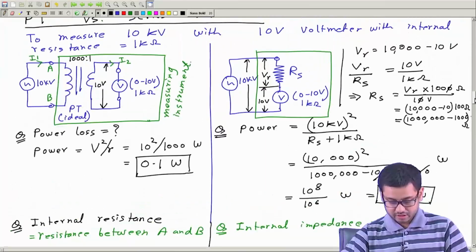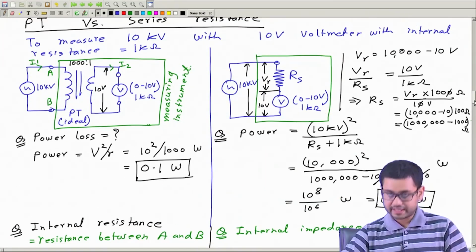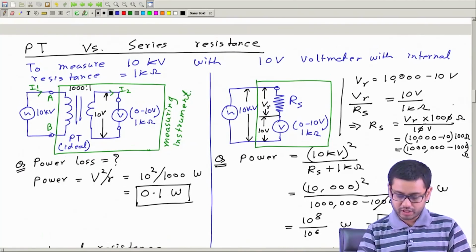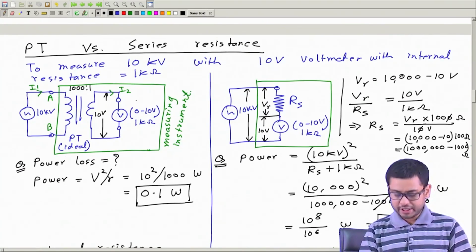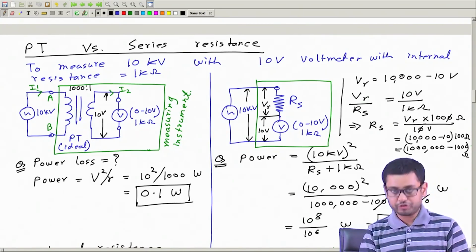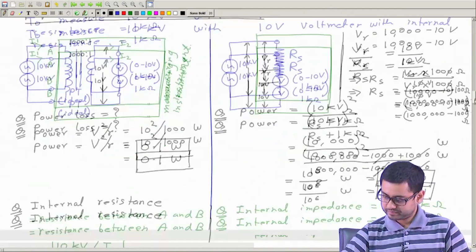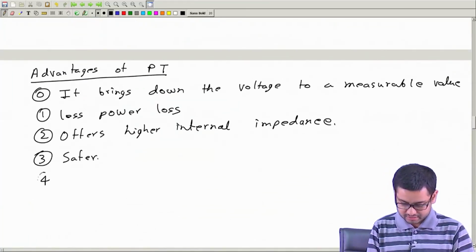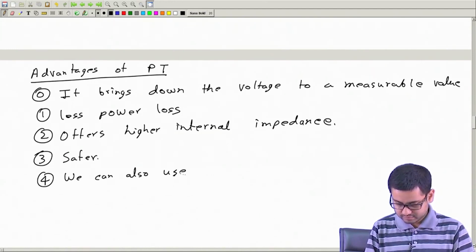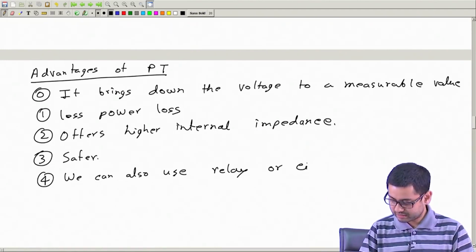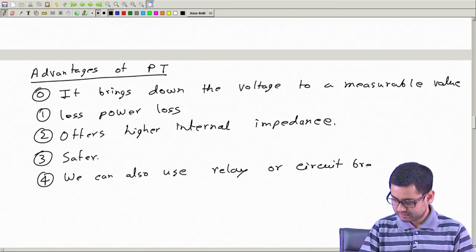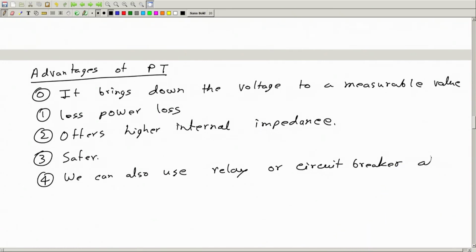And like in the case of CT, you can also connect other equipment like circuit breakers or relays, like in this case an over voltage relay, to this PT. So you can connect a relay or circuit breaker at the secondary.